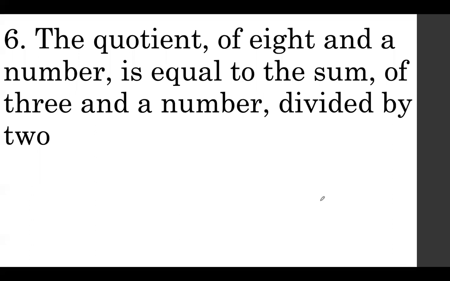Okay, so hopefully we remembered our vocab words of quotient. Quotient meaning divided. So we have the quotient of 8 and a number, and much like subtraction, we know that division matters the order. So when we have the difference of, and it lists 2 things, we have to keep the order correct. Same thing with quotient.